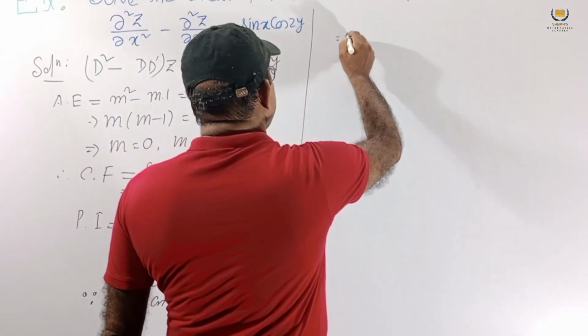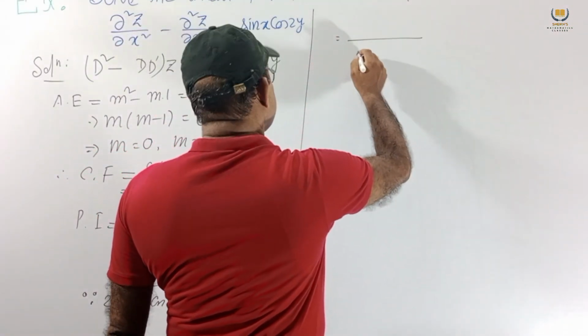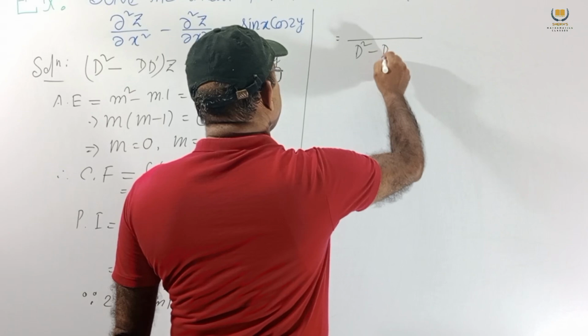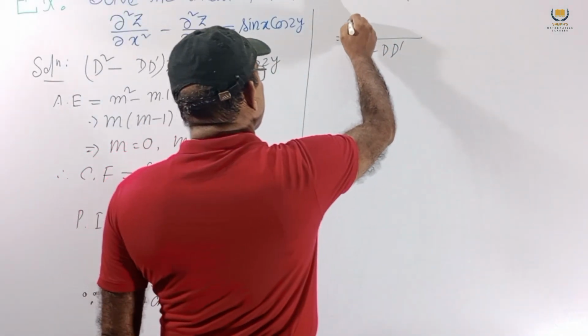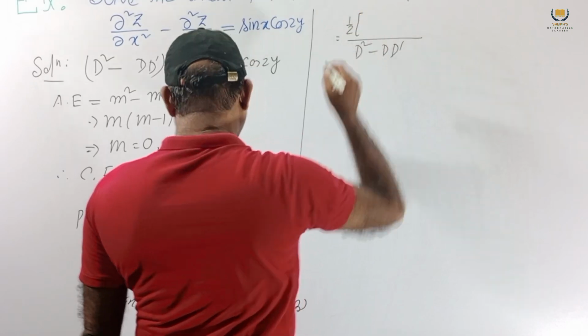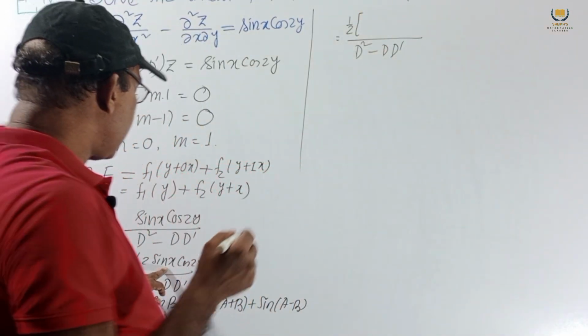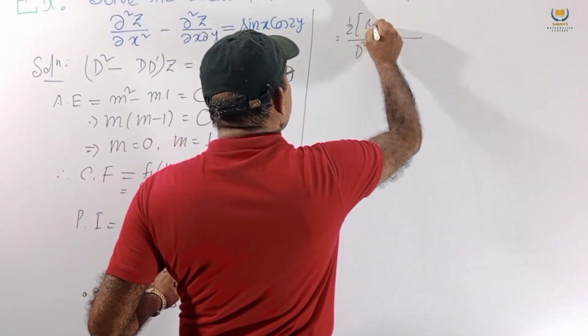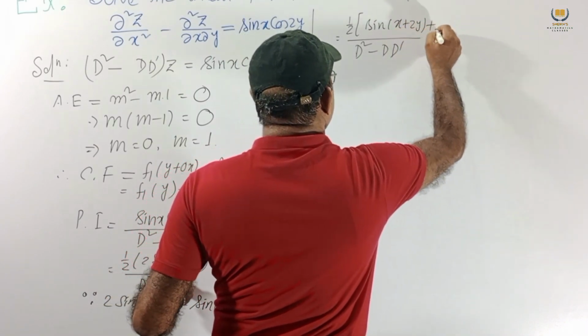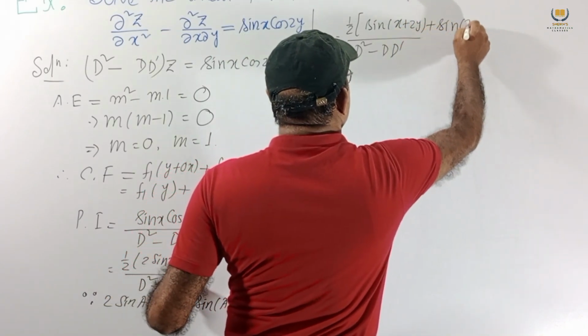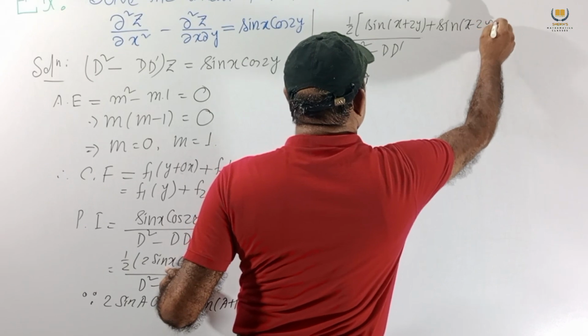So this will be D squared minus D dash remains the same, and here 1 by 2, we get sin(x plus 2y) plus sin(x minus 2y).